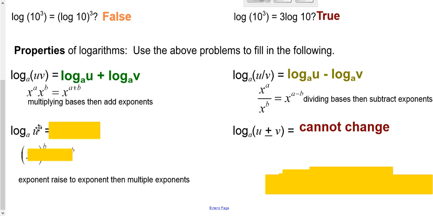So we really have an exponent raised to an exponent. And that's related to what we have down below. An exponent raised to an exponent. Remember, we multiply them. So this log base a of u is an exponent. C is an exponent. So we have to multiply log base a of u times our other exponent of c. So it's related to those properties of exponents since logarithms represent exponents.